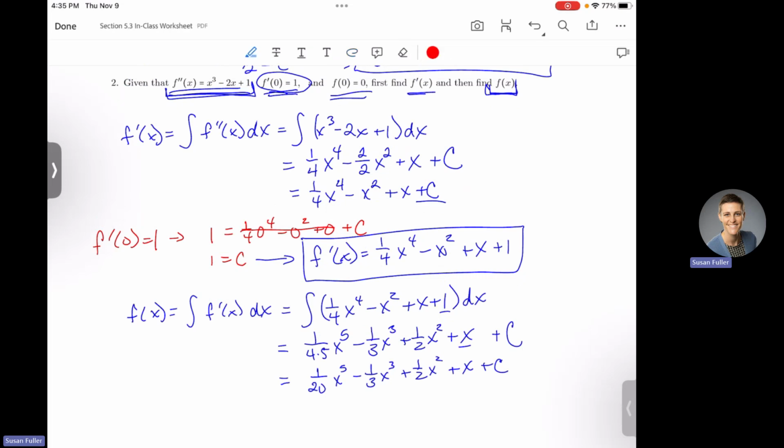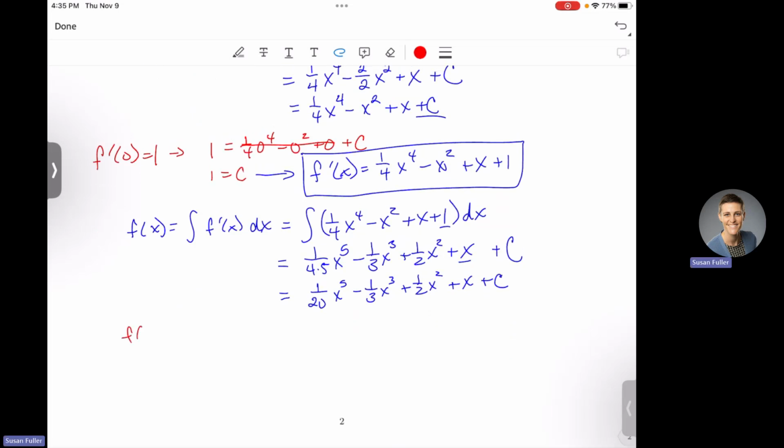And then I know that my initial value says that f of 0 is 0. And so I'm going to use that to find my exact original function. So 0 is what I get when I plug 0 in for my x.